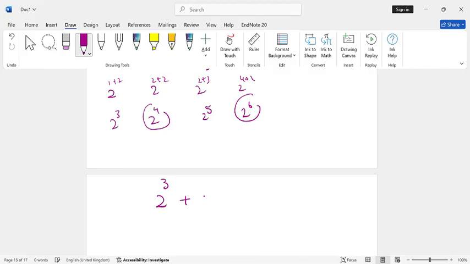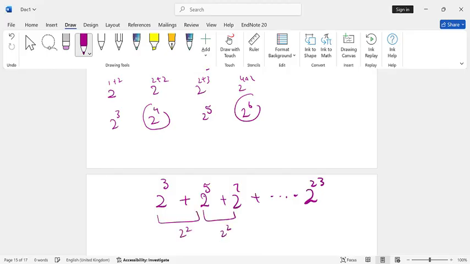We cannot convert them to a power of 4. Then 2 power 5, plus 2 power 7, and so on up to 2 power 23. When we put in 21, it becomes 23. All right, so as you can see, the difference is 2 power 2.